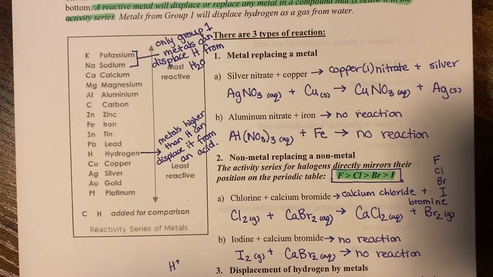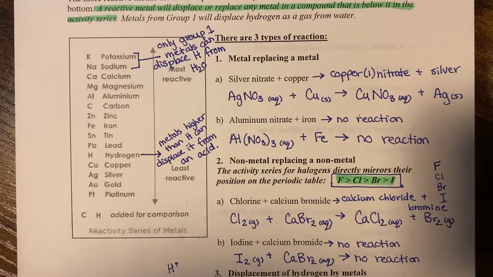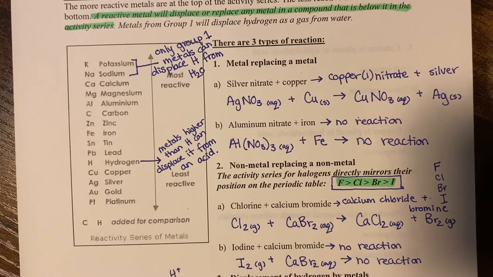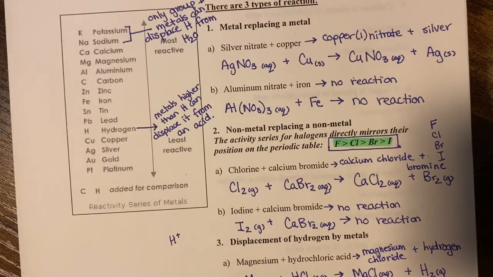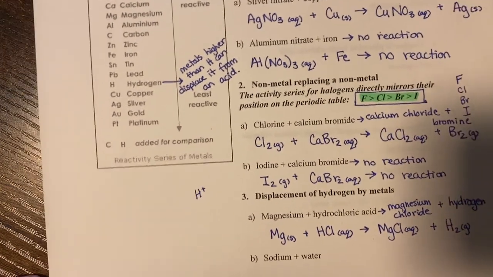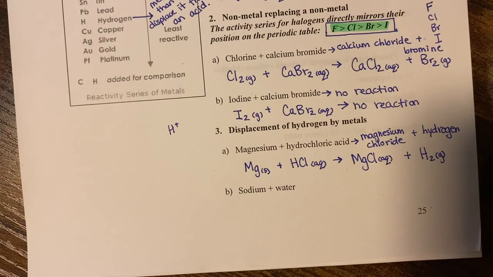So sodium, lithium, potassium, rubidium, all of those. Anything else, if you put any other metal in water, it's not going to react. And that's a good thing, because when you think of all the metals that we put in water, like if you're making a dock or a boat or something, we don't want things randomly reacting with water. But our group 1 metals are particularly reactive and they can displace hydrogen from water.